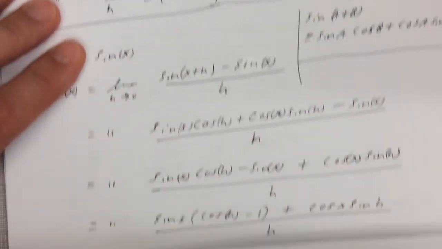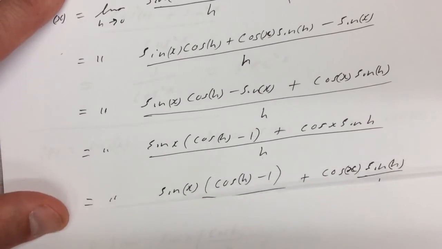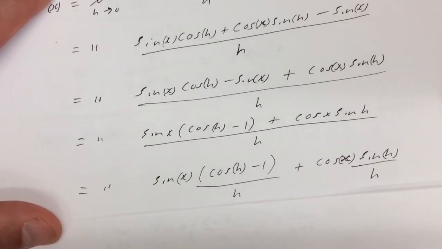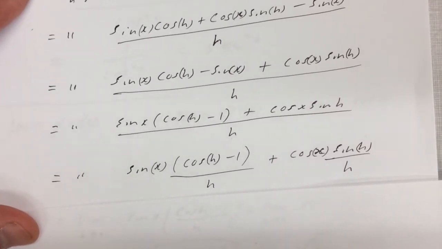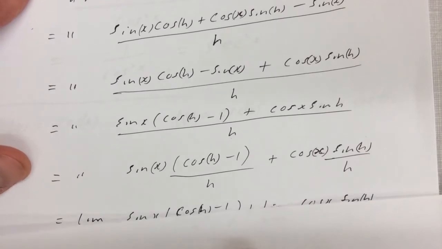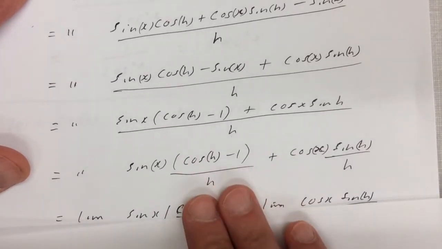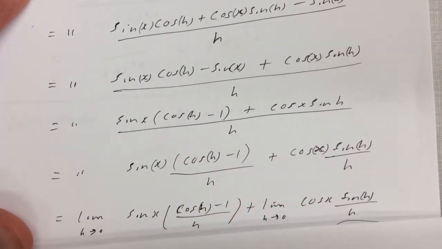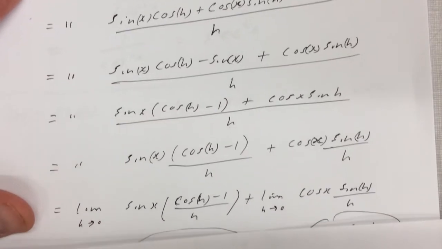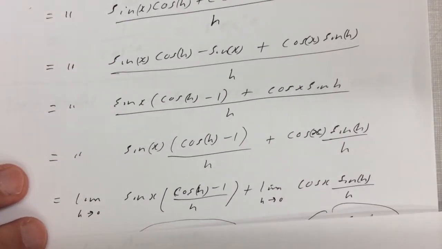We just have to keep organizing it a little bit more. Okay, so you can break that into 2 fractions, because h is a common denominator. And then you can distribute the limit in. So you can distribute the limit into almost everything. Okay, so we're going to distribute the limit in.